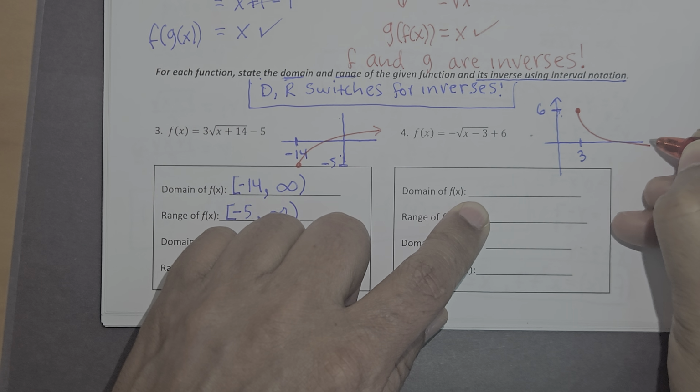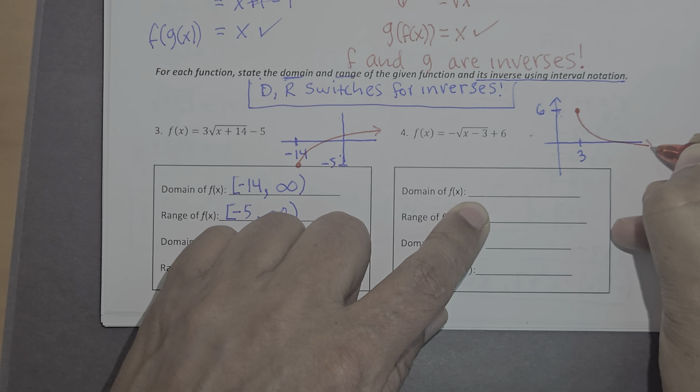It's not precise. This is just to give you a visual aid, and that will help you determine domain and range. So for domain, the farthest to the left this goes is 3. So then this is 3, and then it goes to infinity. So there we have the domain of the graph. The range, this one has a top but has no bottom. So you always read bottom to top. On the bottom, it doesn't have one. It goes to negative infinity as it goes down.